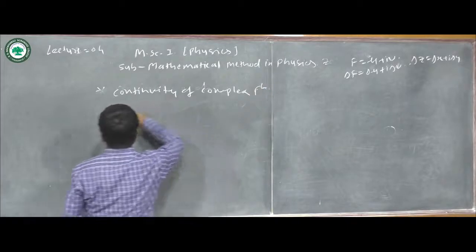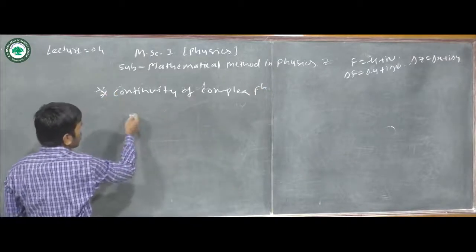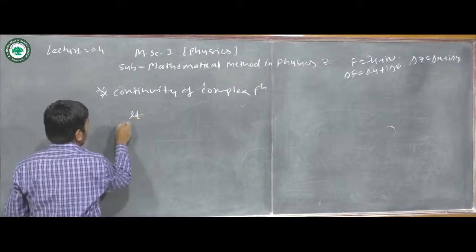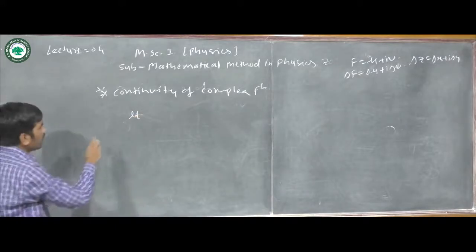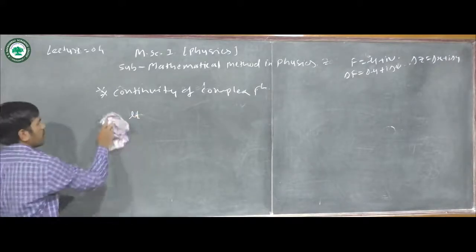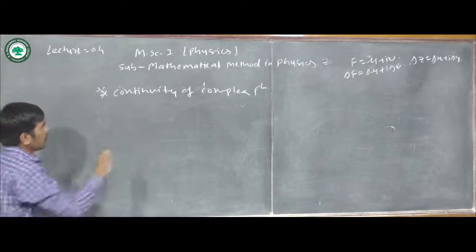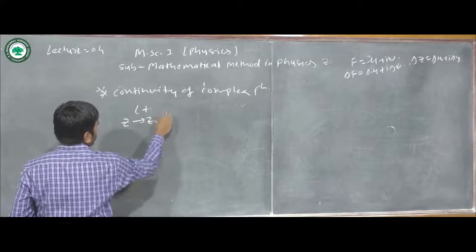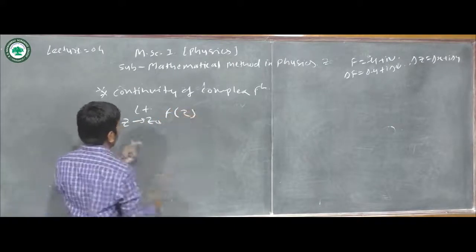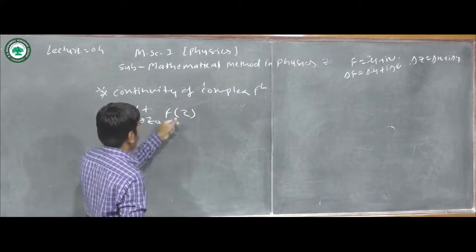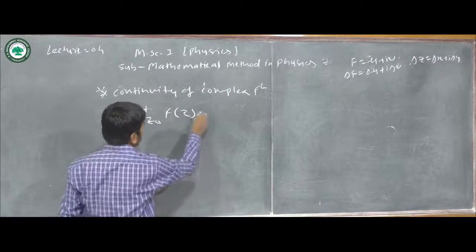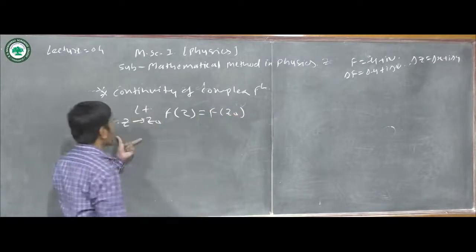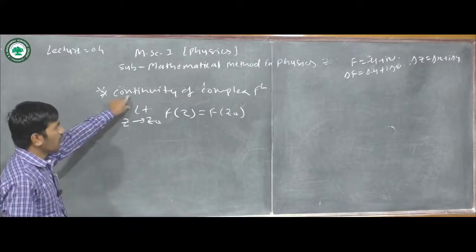It is very simple, so that's why I am not taking it in detail. So the limit as z approaches z naught of the function f is equal to f(z naught). Okay, so this is the definition for the continuity of complex functions.